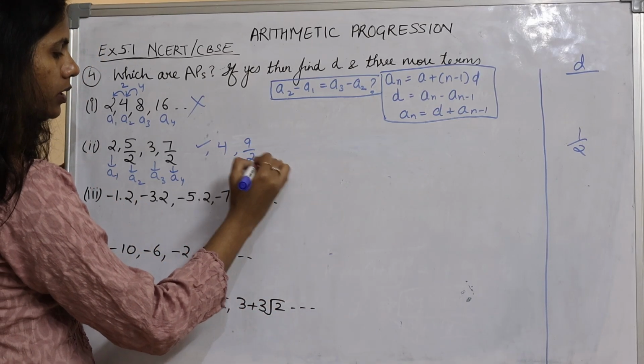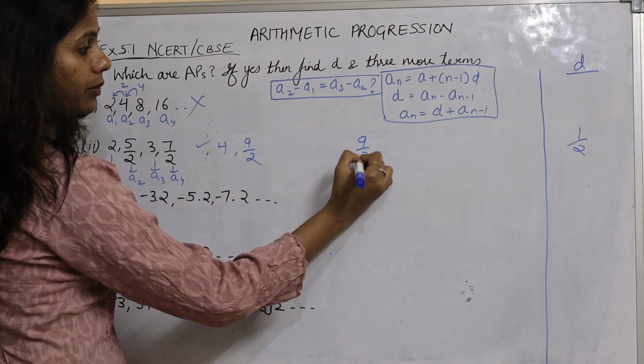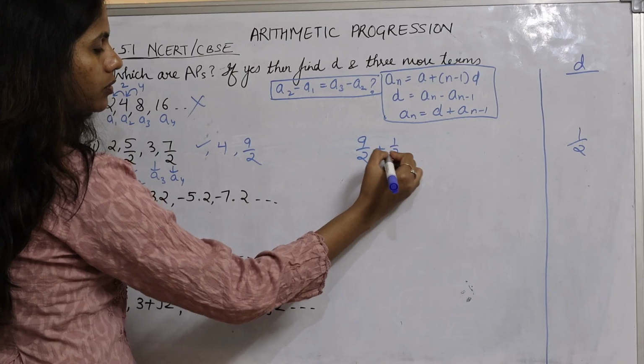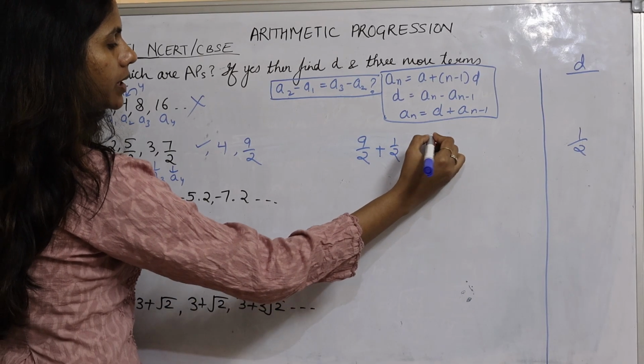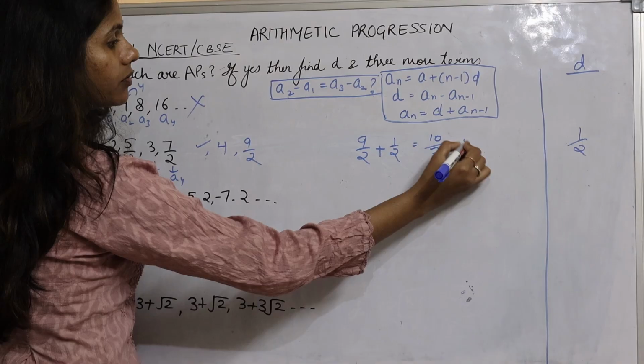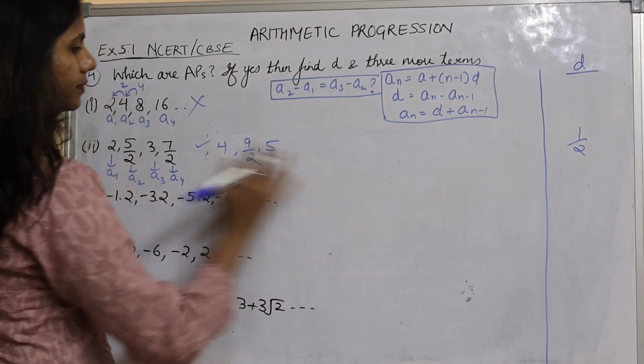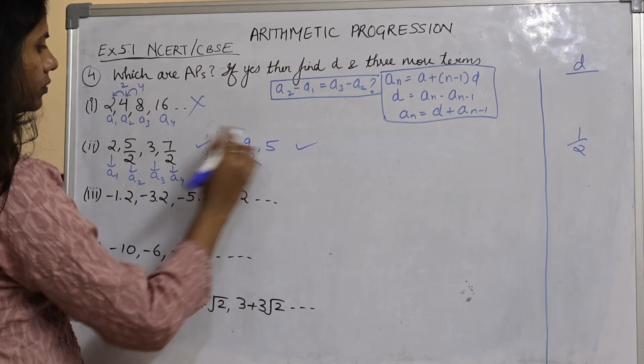In the same way, next term, 9 by 2 plus d, so it will be 10 by 2, which is 5. So this is done now.